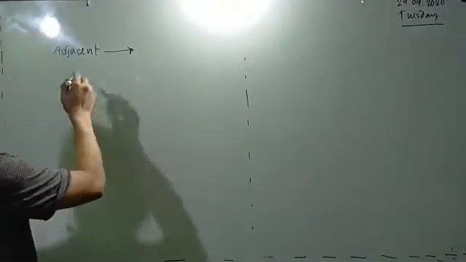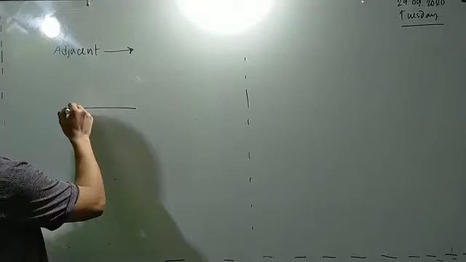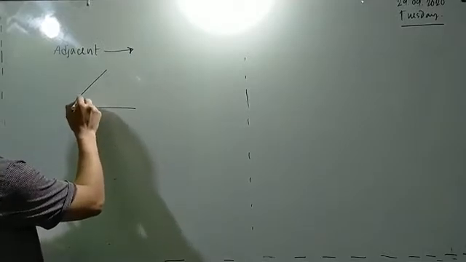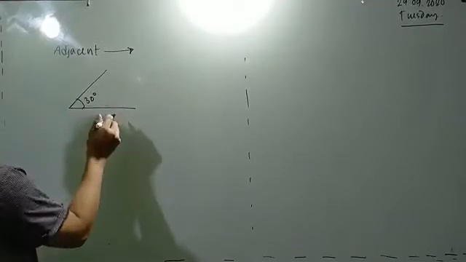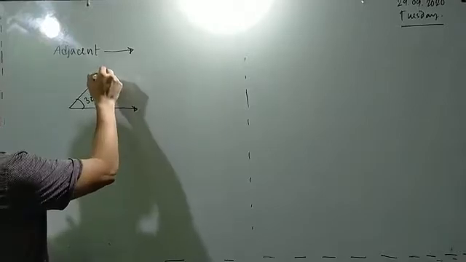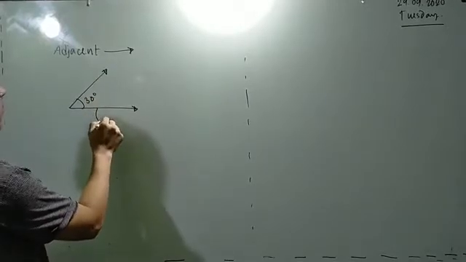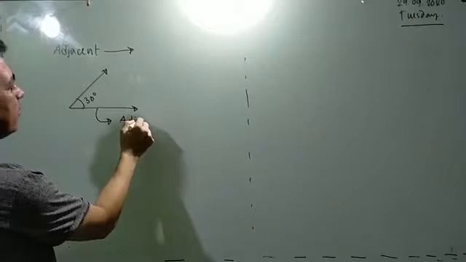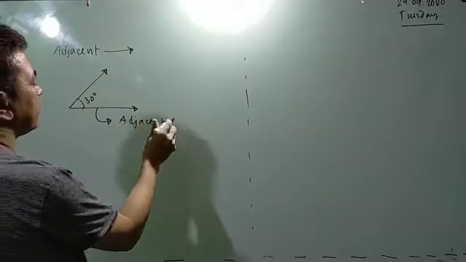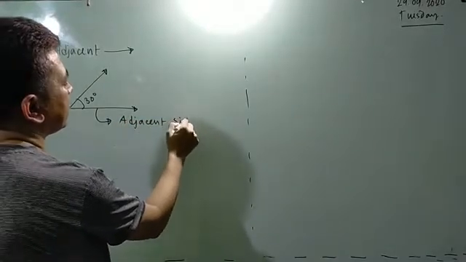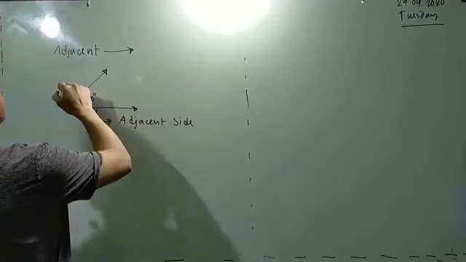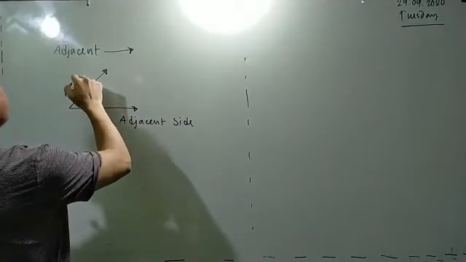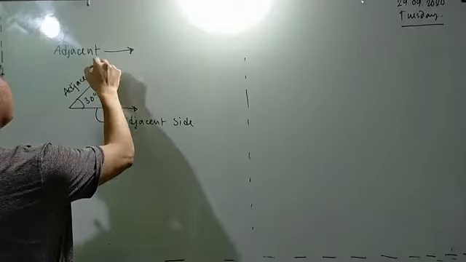So look at that here. If we draw one angle here, for example, an angle of 30 degrees, this side and this side are called adjacent sides.